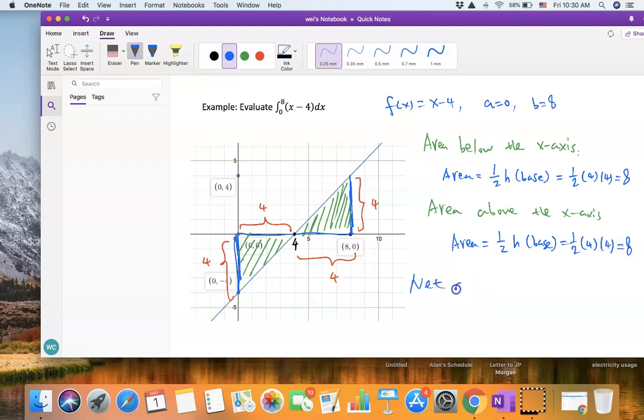Then the net area is the difference of these two. So it is 0. Okay, this is the base, and this is its height.